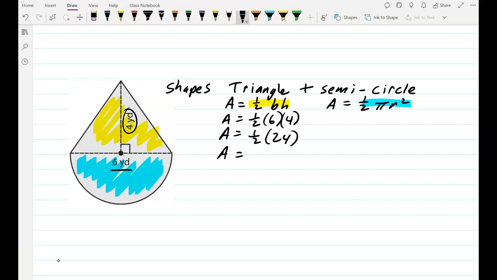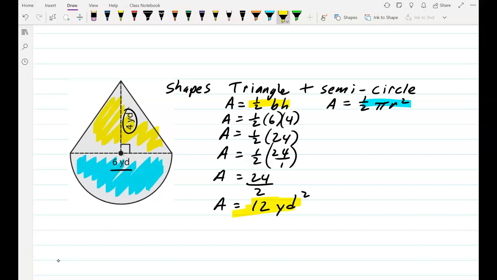And that would be 1/2 times 24 over 1, multiplying fractions times fractions. 1 times 24 is 24, 2 times 1 is 2. So the area would be 12. 12 what? Oh, these are yards, square yards. So the area of the triangle is 12 square yards. Well, that was simple enough.